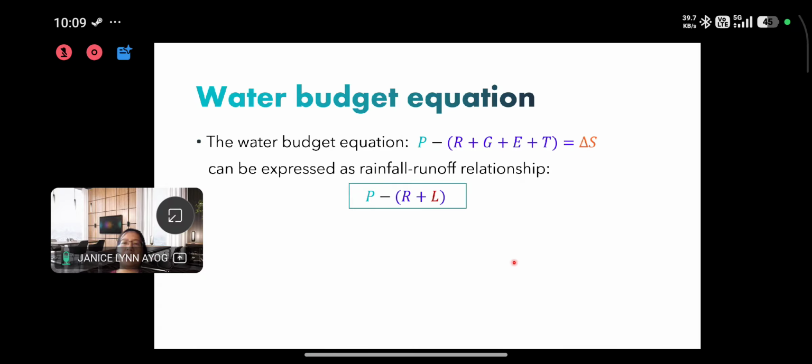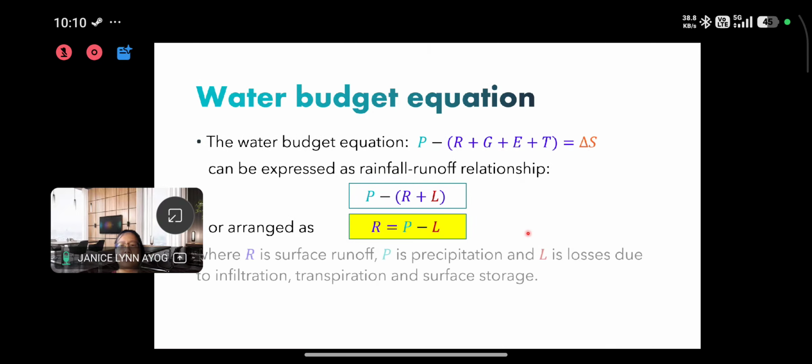If we convert that, then we get P minus R, basically the runoff, and the rest of it, groundwater, evaporation, and transpiration, is lumped into losses. This is what we call losses. We can arrange that as this one here. So the runoff is on the left side of the equation, and R equals P, precipitation, minus the losses.